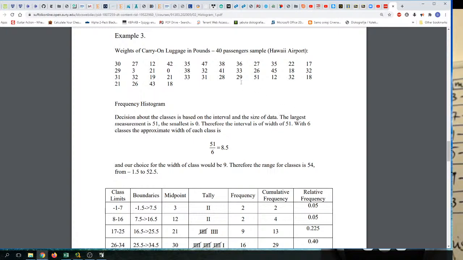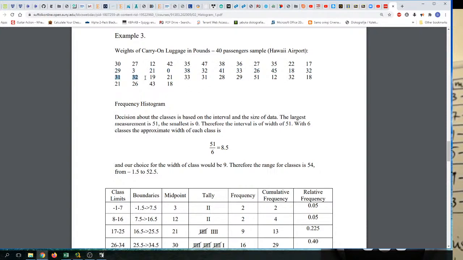So how do you tally that? Let's go for the second class because it's kind of easier to see. 8 to 16. Nope, nope. 1, tally that, 1. Nope, nope, nope, nope, nope. Just 1 so far.